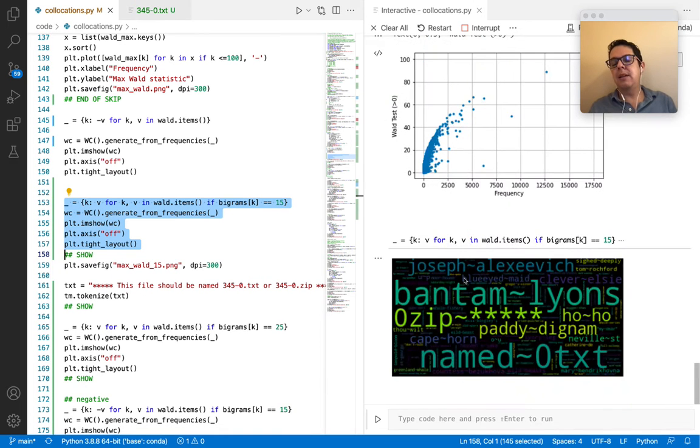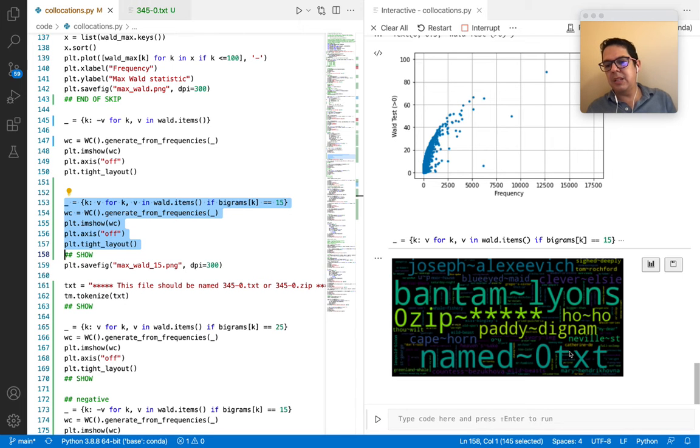Okay, the word cloud of that particular frequency looks like this one. And as you can see, it's more informative. You can see names here. I'm sure there is another name around there. Well, I cannot see that, but you can see some words that are not stop words.